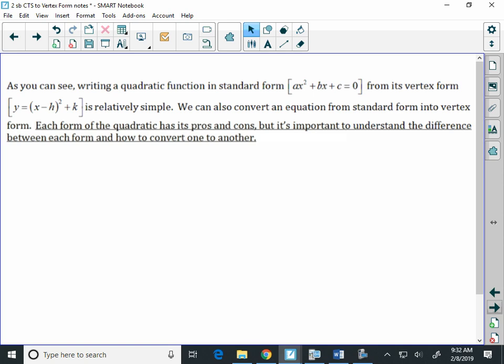What I say in here is that doing that is relatively simple, recognizing that math and simple for some people don't go together at all. So today we're going to work on converting an equation from standard form, the first equation listed in this sentence, to the second equation, to vertex form.